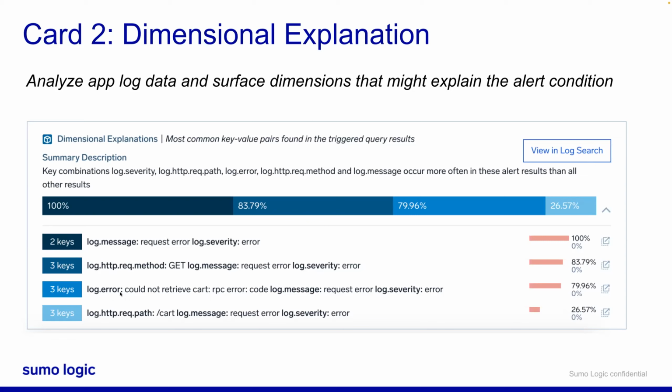So in this case, the error message "could not retrieve from cart" was in around 80% of the log messages that correspond with this error. We found this interesting. So maybe there is something related to cart that I need to look at more in order to troubleshoot this issue in this example.